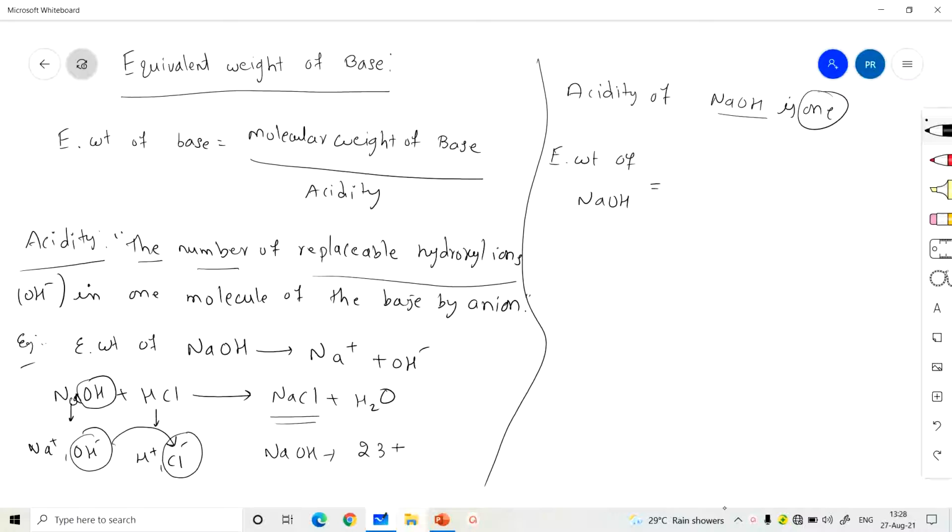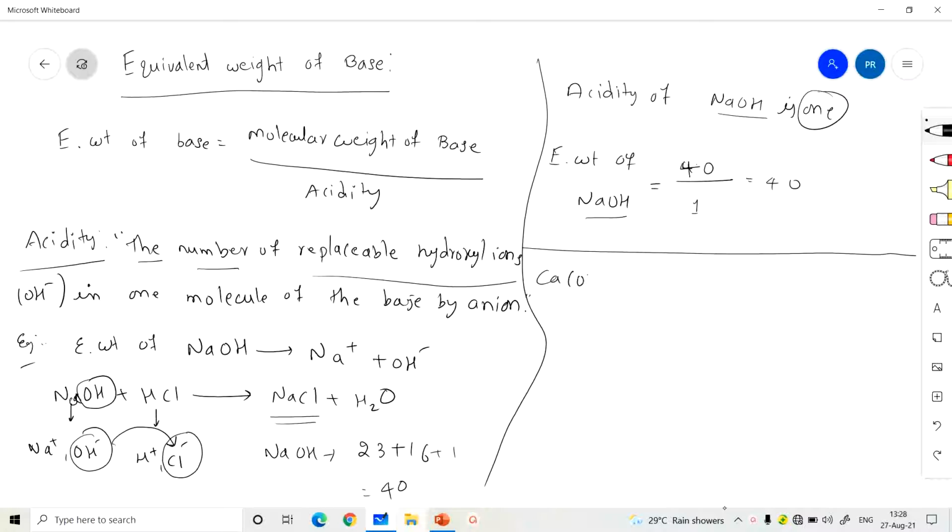In NaOH, sodium 23, oxygen 16, hydrogen 1, so the total is 40. Molecular weight is 40 divided by its acidity, 1. Hence the equivalent weight of NaOH is 40.